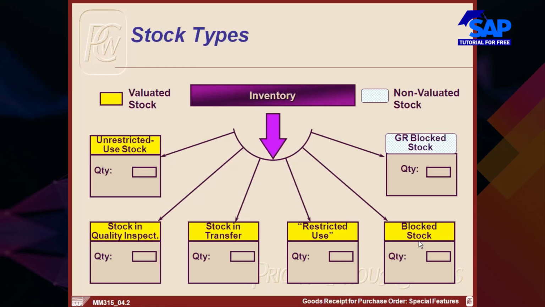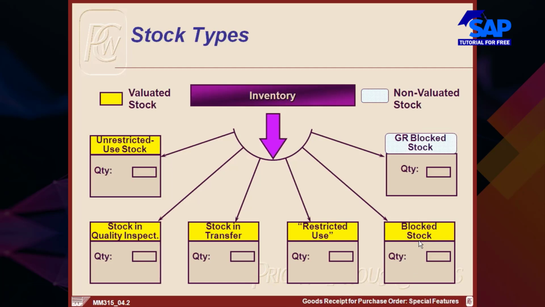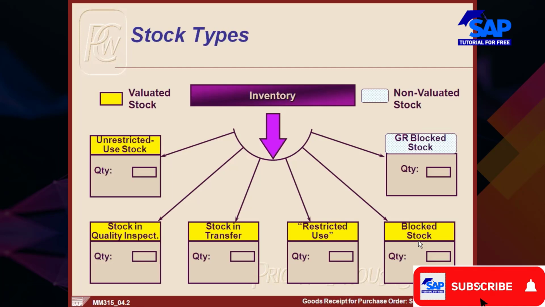All the 3 stock types are value-added stock. What do you mean by value-added stock? That means, let's say you purchase a quantity of 10 items. One item is damaged once you brought the material into your stores. Obviously the vendor will not replace the material. Just because it is damaged, does it not have any value, or will it have value?